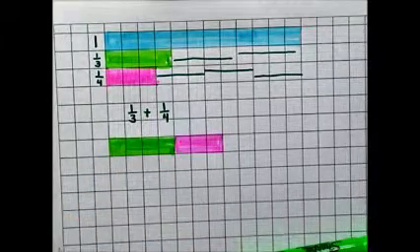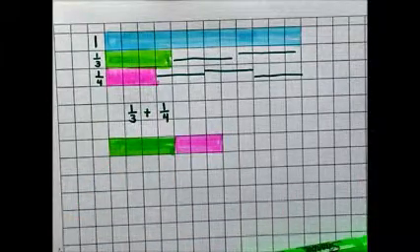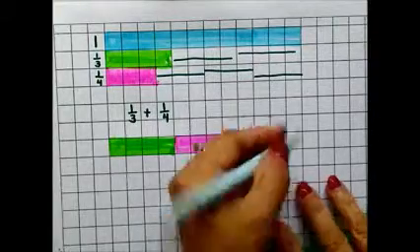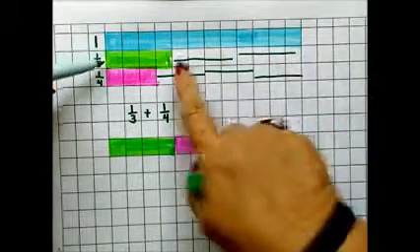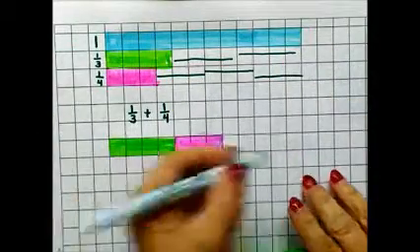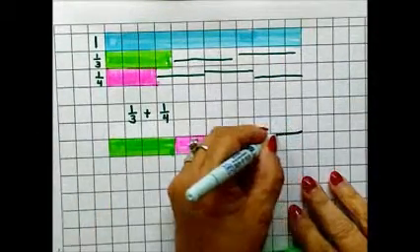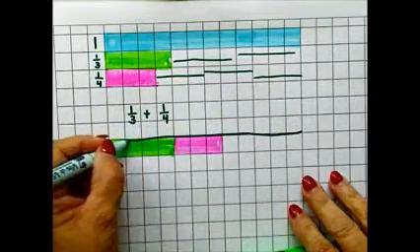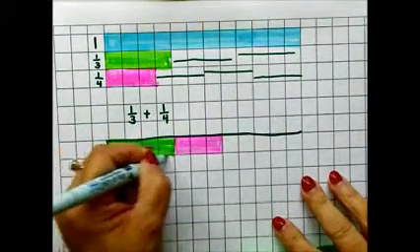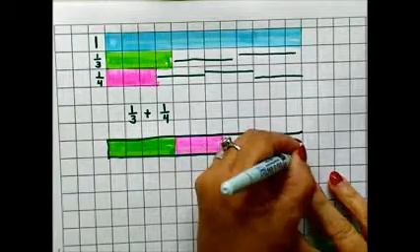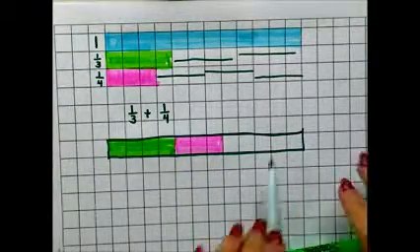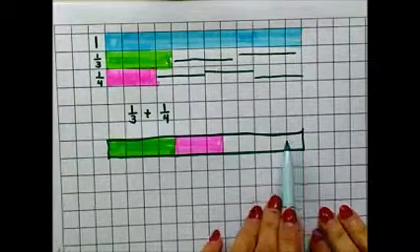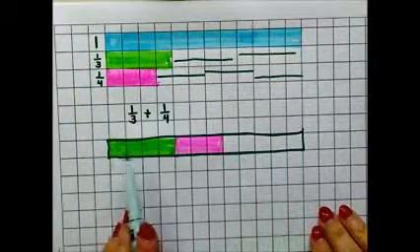Alright, now think about this. This is 1/4 of this big piece. This is 1/3 of this big piece. So this is what one whole is. Okay, so my one whole is cut into 12ths or 12 pieces.